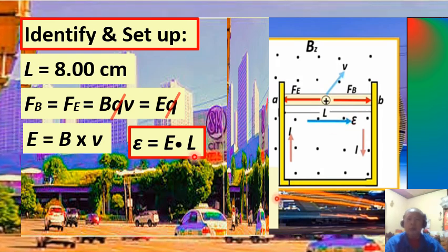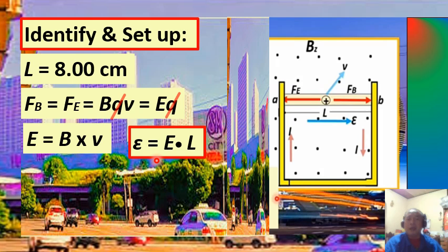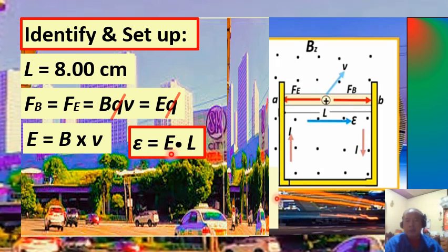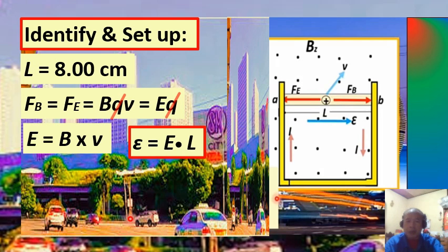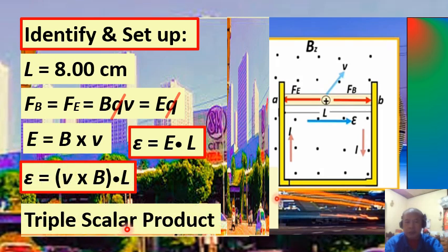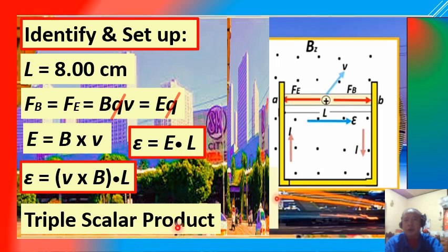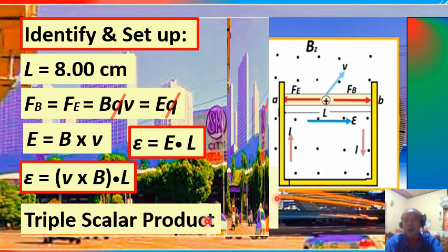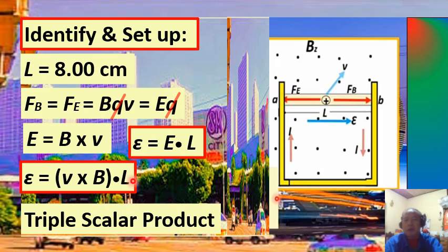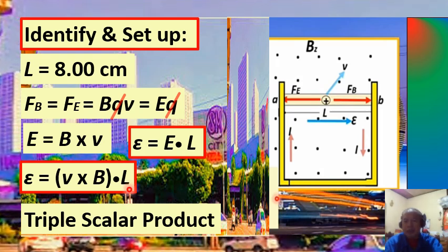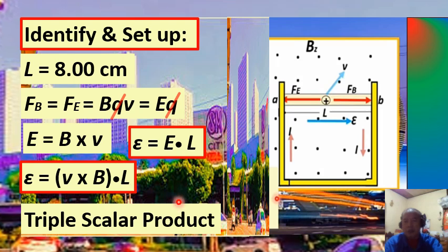And for us to be able to quantify this motional EMF, or epsilon, we need to apply a concept in unit vectors. We call this the triple scalar product, right? Triple scalar product is just the dot product of one vector. In our problem, this is the length, capital L, of the rod, okay?